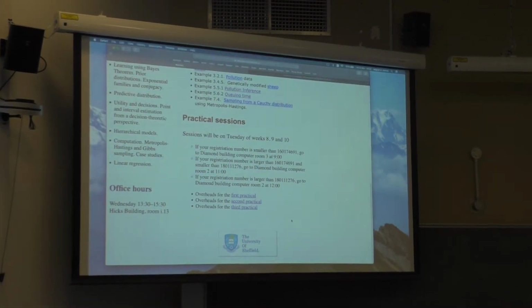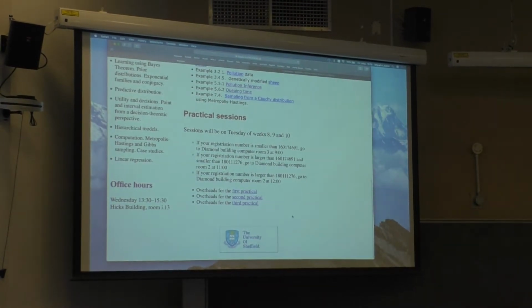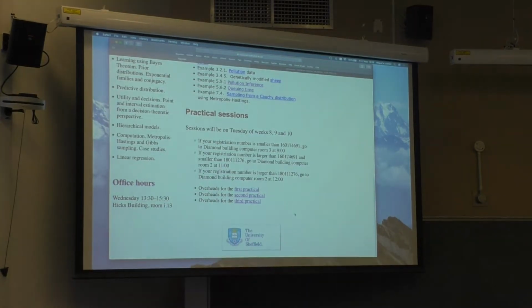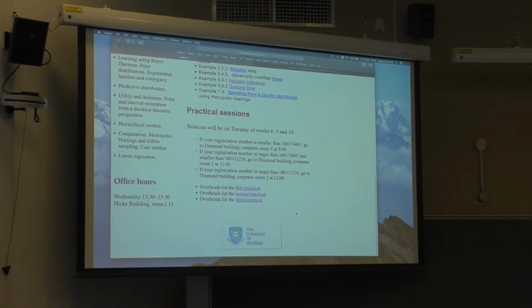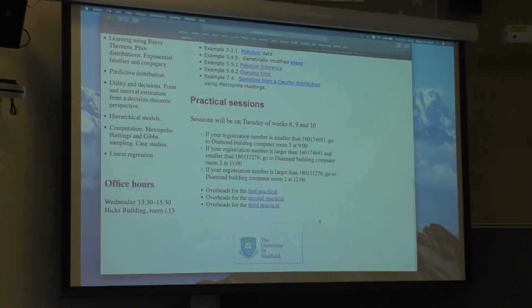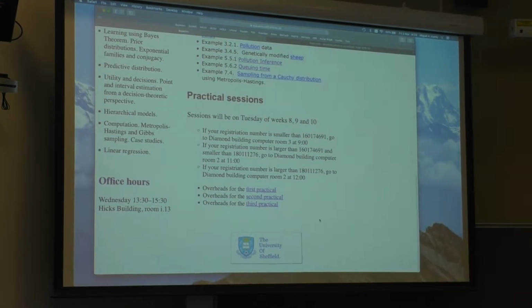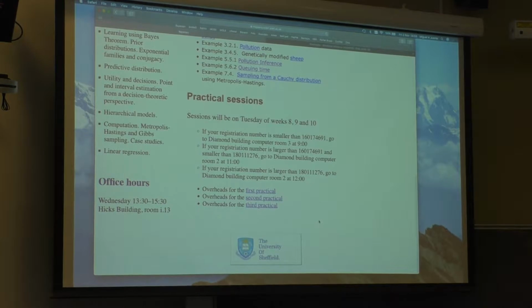There will be on Tuesday of weeks 8, 9, and 10, and there are 3 slots. One at 9, at 11, and at 12. All of them are in the Diamond, new building down the road. And the first one is in computer room 3. The other 2 are in computer room 2.